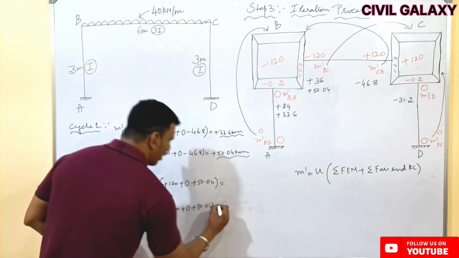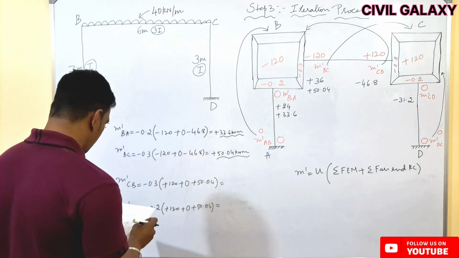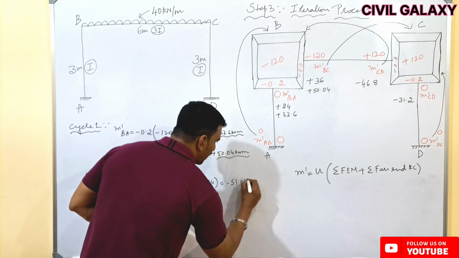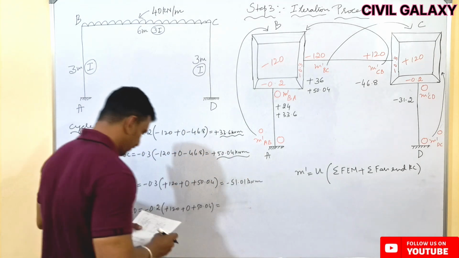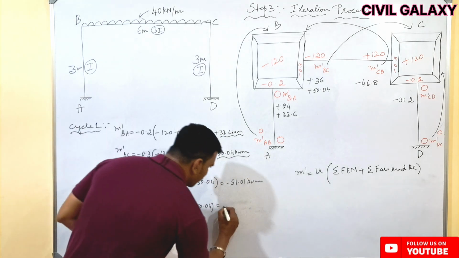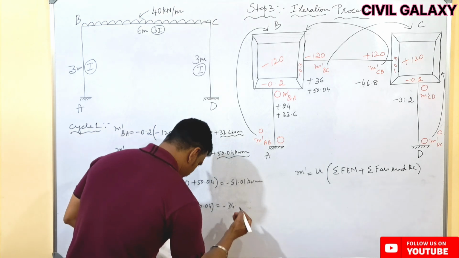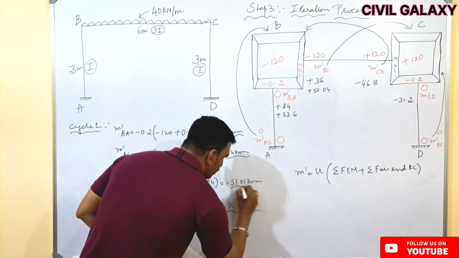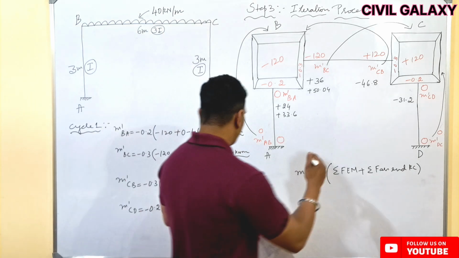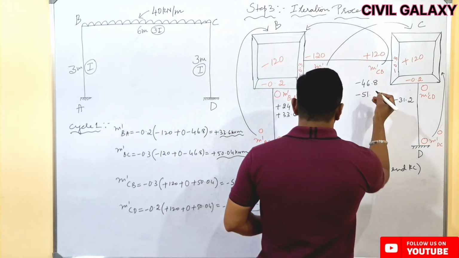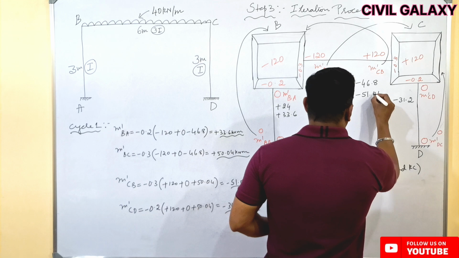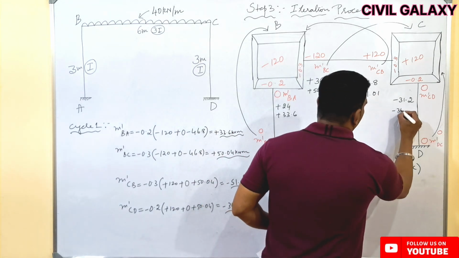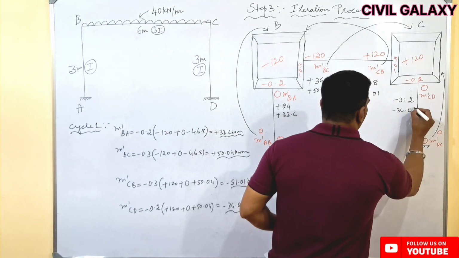So we are getting a value of minus 51.01 kilonewton meters and minus 34.01 kilonewton meters. We write minus 51.01 here and minus 34.01 over here.